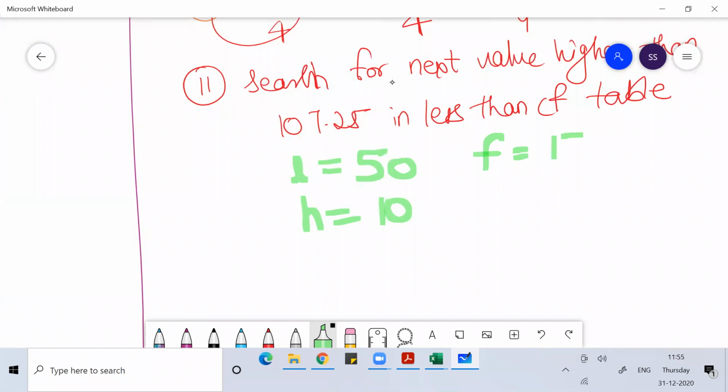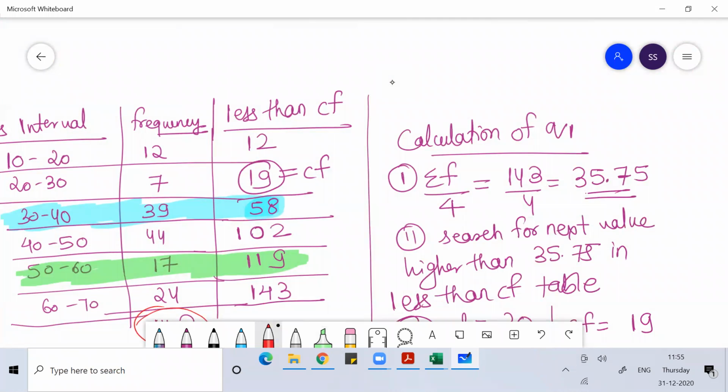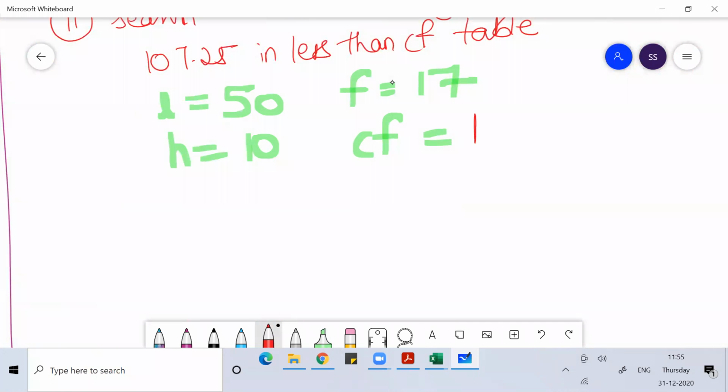And the cumulative frequency before it is 102. I hope you understood this. Now once you understood this, you have to put them in the formula only.